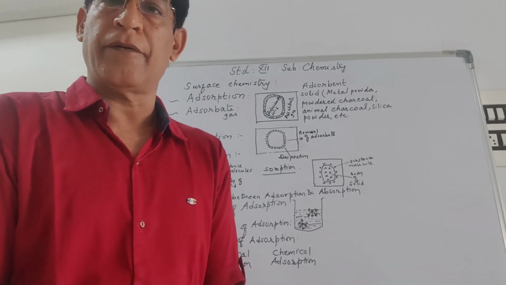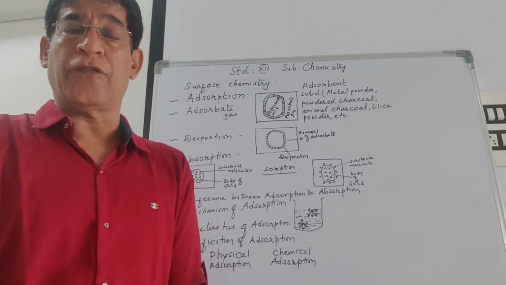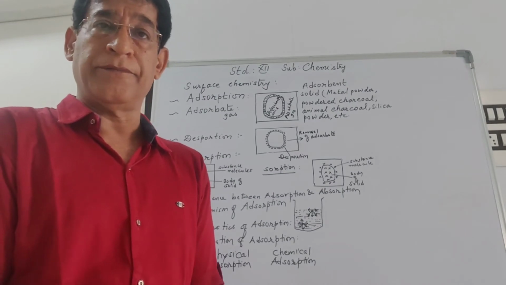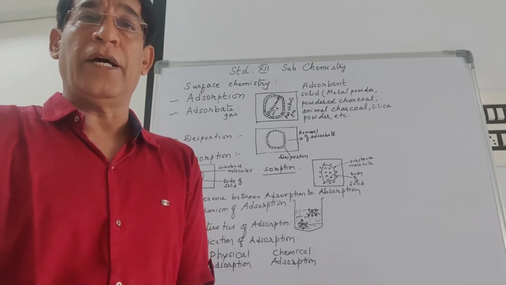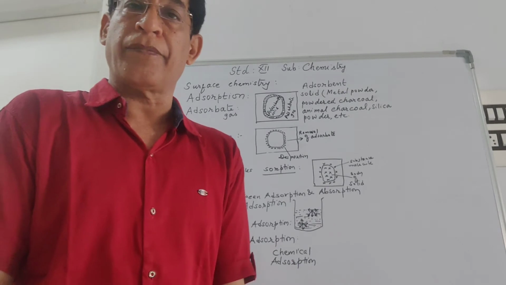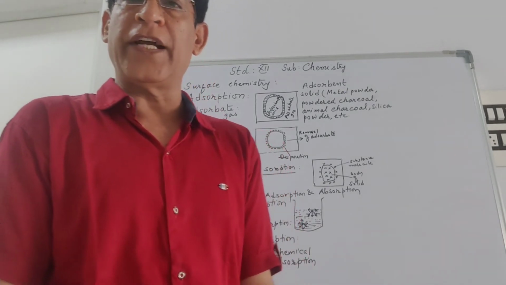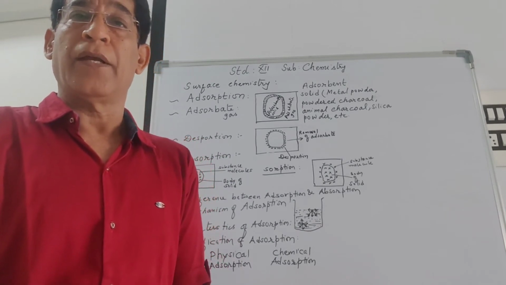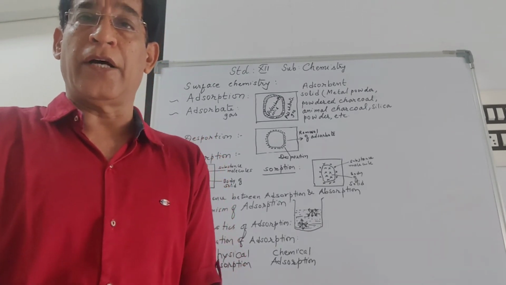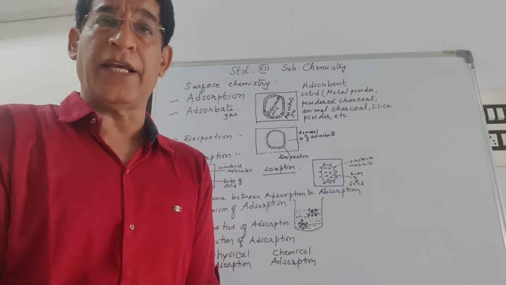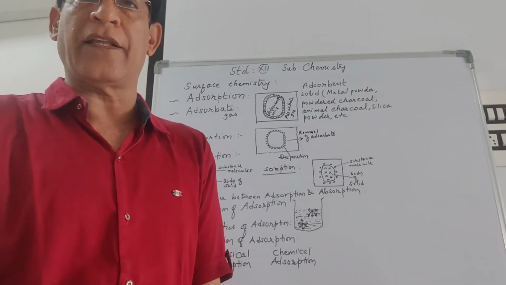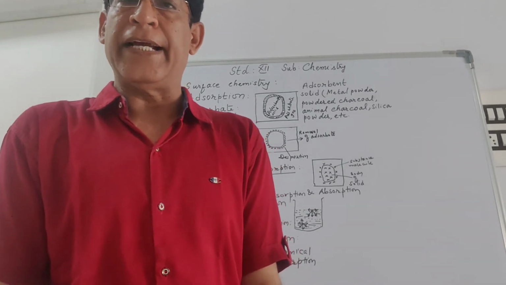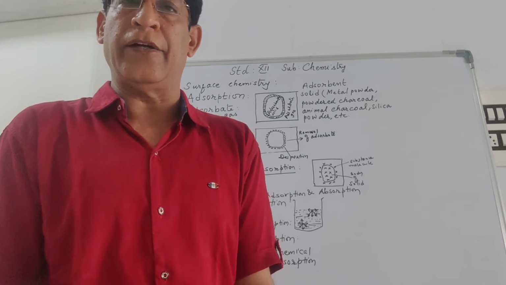In other words, delta H of adsorption is always negative. When a gas is adsorbed, the freedom of movement of its molecules becomes restricted. On account of this, there is a decrease in the entropy of the gas after adsorption, meaning delta S is negative.